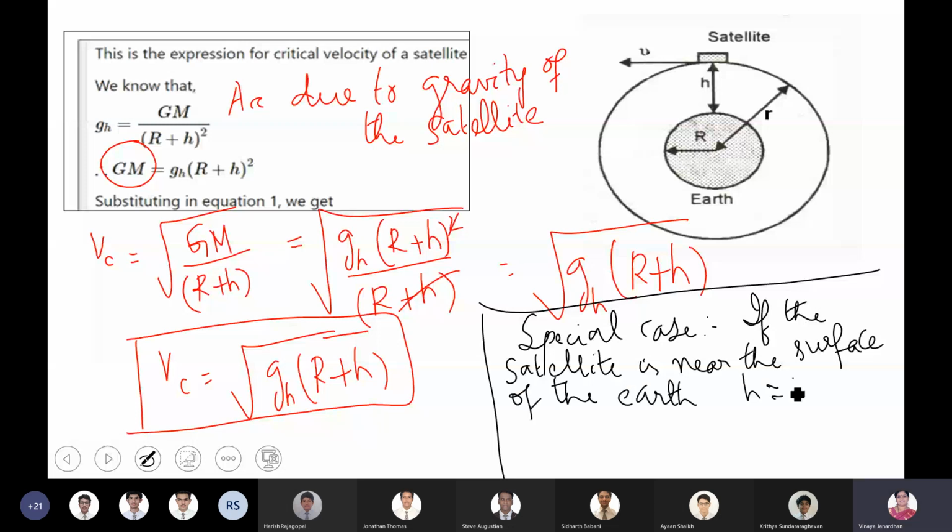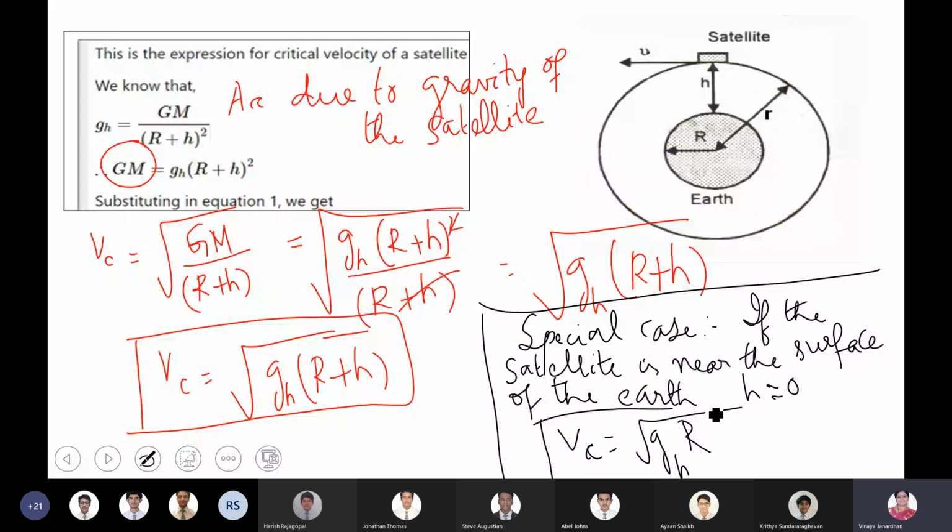Zero. So Vc becomes equal to root of gh into R, the acceleration due to gravity at a given height into R. So Vc will be equal to root of gR. We can write it as gR.